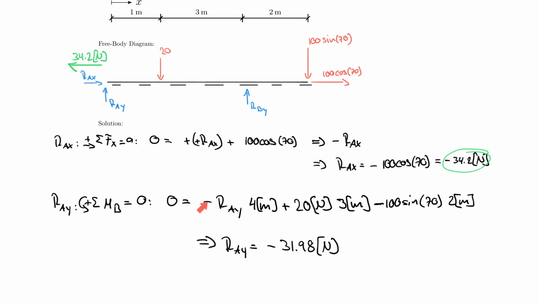Notice that here the negative up stands for rotational direction, not for the up direction. But I find that it's negative. And the negative here tells me, Raphael, you were wrong about assuming that it's going up. You actually have to make it go down. And therefore, I have to say that 31.98 Newton in the downwards direction.